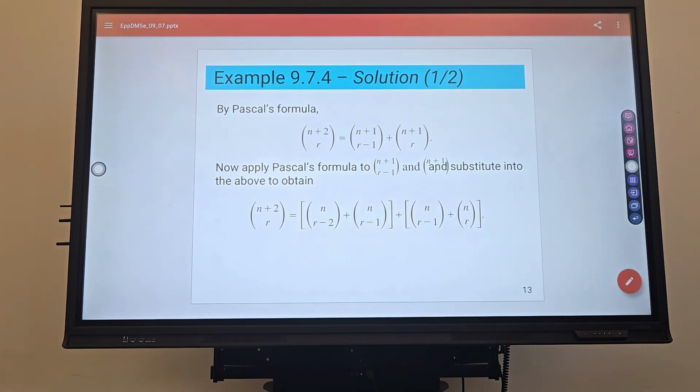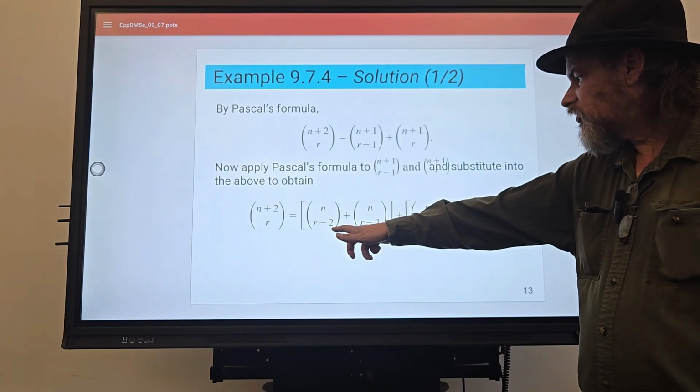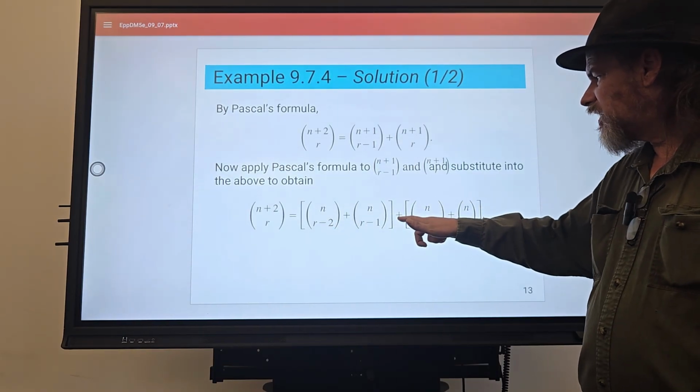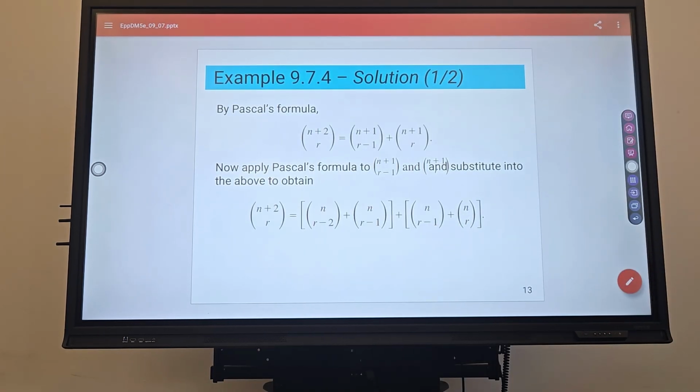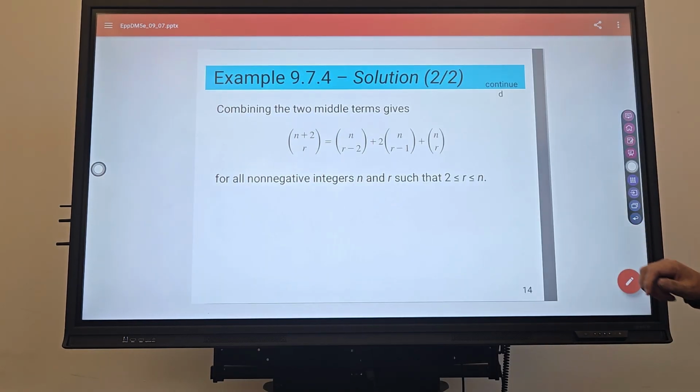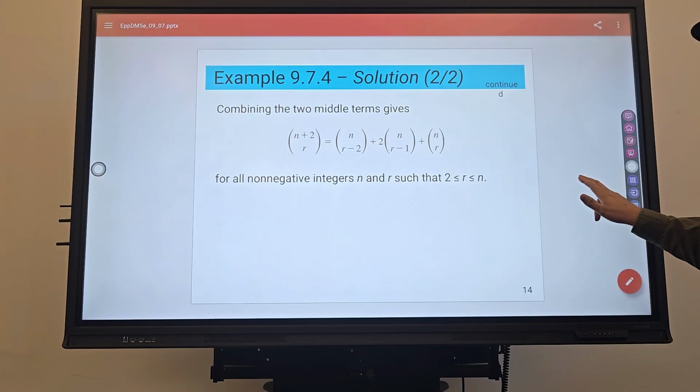But it's simple substitution, so you get n choose r minus 2 plus 2 times n choose r minus 1 plus n choose r, for all non-negative n and r, such that 2 is less than or equal to r, which is less than or equal to n.